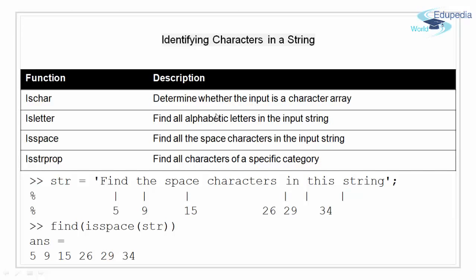So using the function isspace, I'm going to find these locations. isspace of the string will return all the places where there is a space, and the find function will return us the location where the space is located. So using this combination of these two functions, we get the locations 5, 9, 15, 26, 29, and 34 where the space is located in the string.